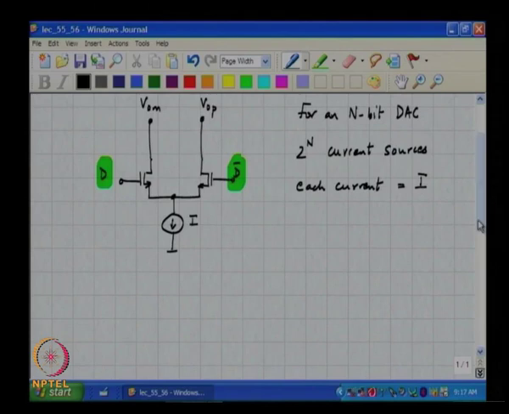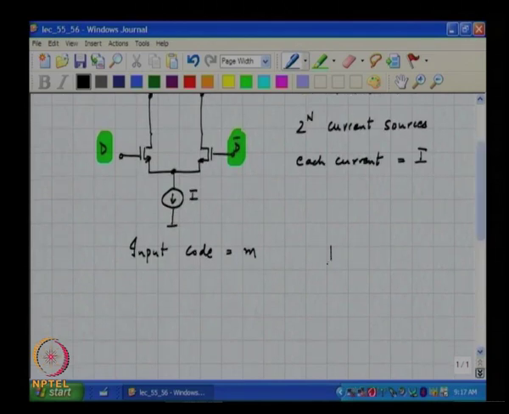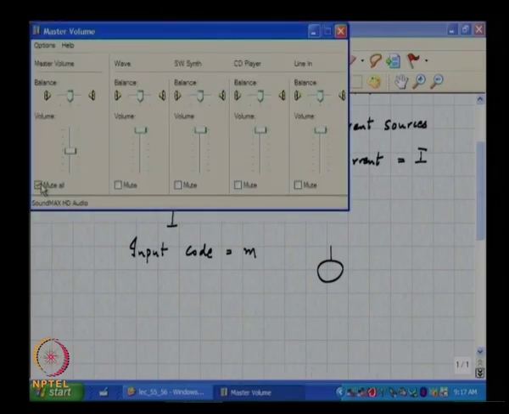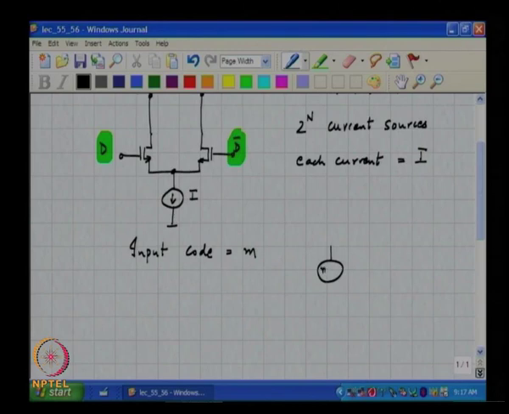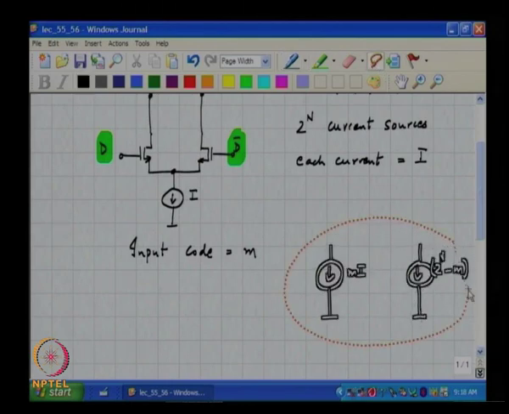Now, for an input code M, whichever way you decode the digital data and supply them to these current steering cells, there will be M current sources eventually steered towards the left, and 2 to the n minus M current sources steered towards the right.